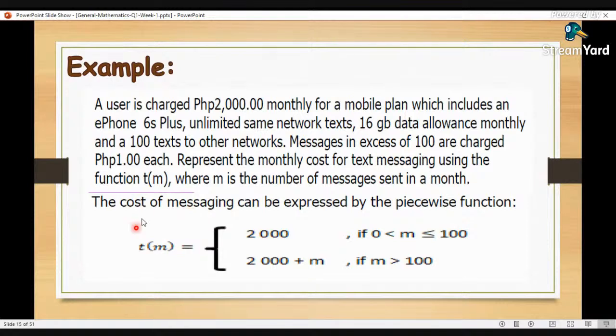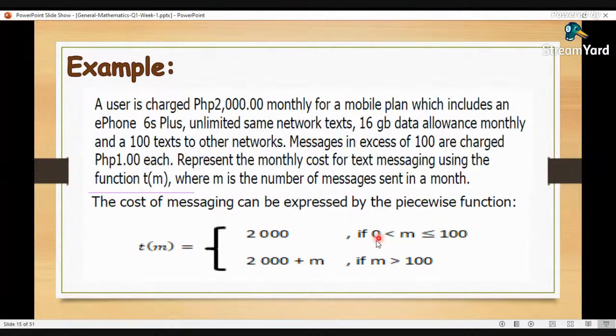So that is why we have used a piecewise function, because this equation is conditional. We have conditions to follow. So we put braces, a bracket. The payment will be 2,000 if the number of messages is from 0 to 100.